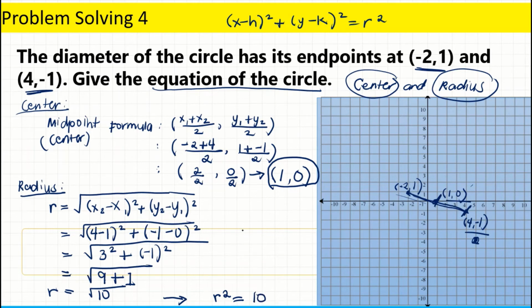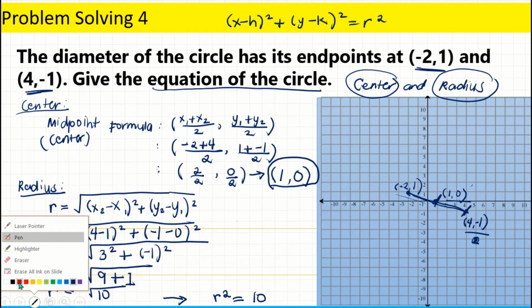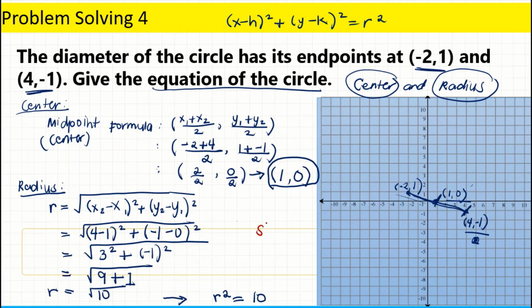Okay, so magiging standard form of equation ng ating circle ngayon ay quantity x minus h. Anong h natin? 1. So x minus 1, then squared, plus y minus 0 squared is equal to, what is r squared?